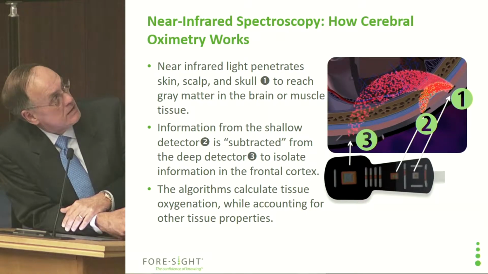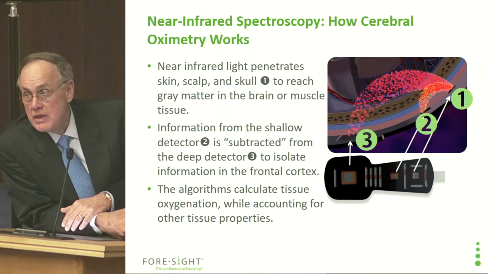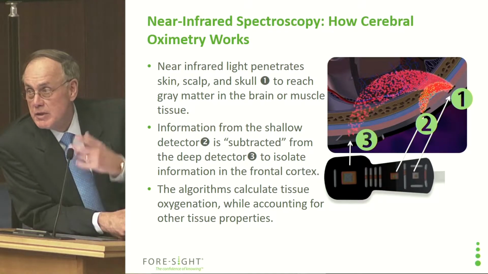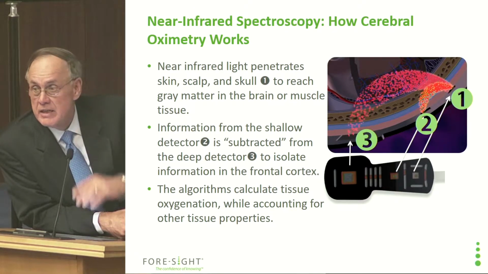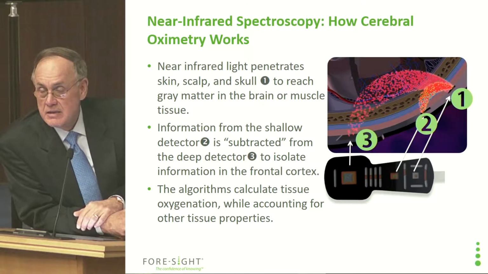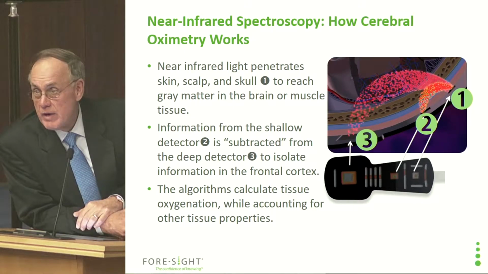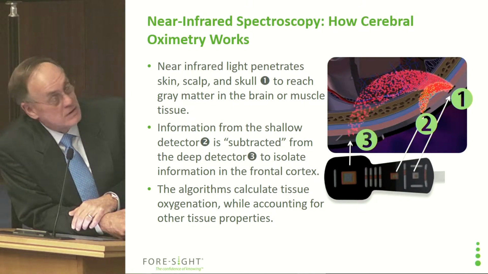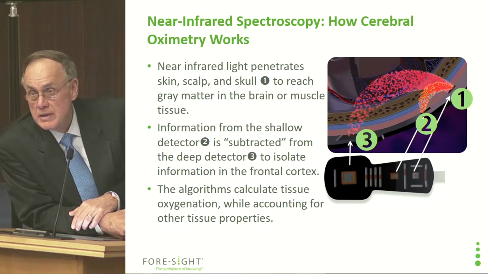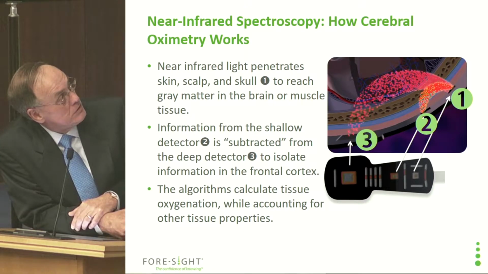We take a shallow reading here to eliminate the effect of the superficial tissue. The hemoglobin or blood in the skin obviously doesn't add to the oxygen of the brain. So we need to subtract our reading here in order to get brain tissue only. So two different measurements at 2 different distances.